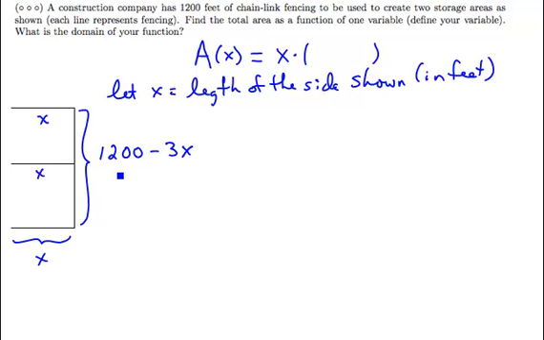One possible way to discover this, if this didn't jump out at you, is we could let the length of this side be y, and then I'll note this down here, that x plus x plus x plus y needs to be 1,200 feet. And then I can solve this for y.